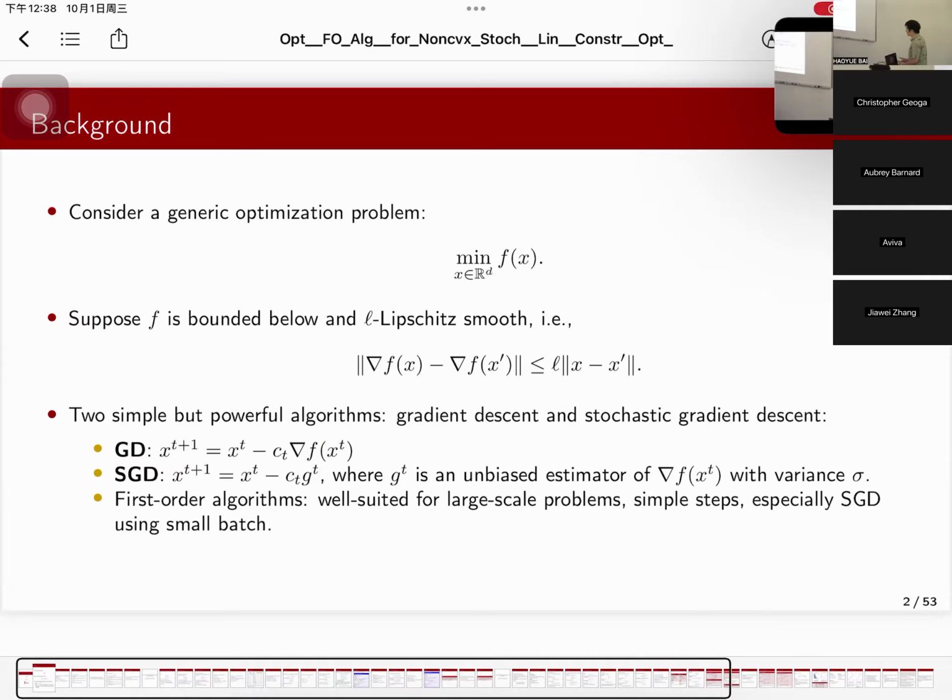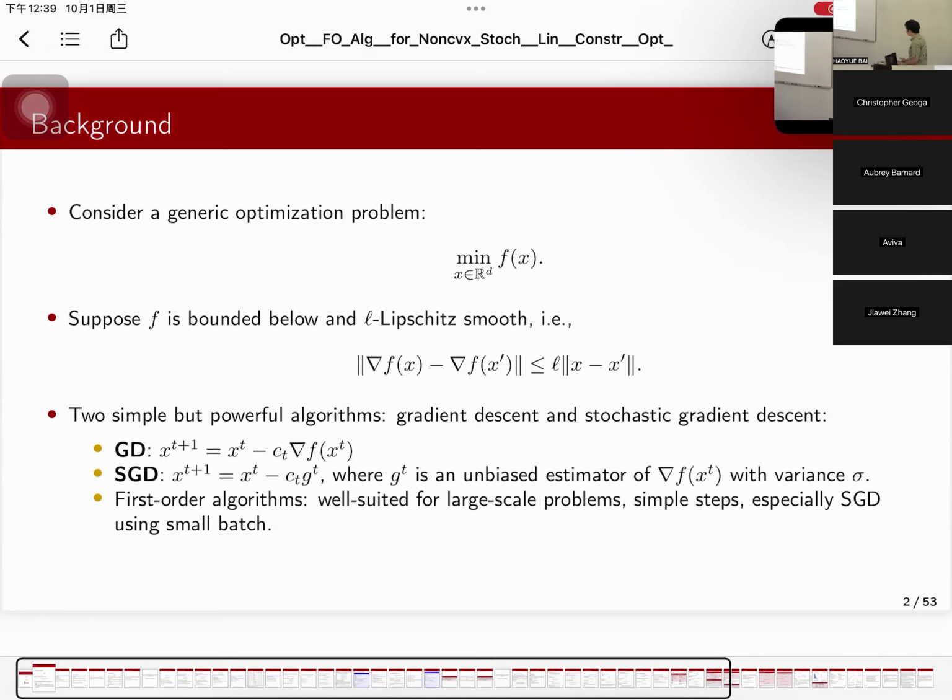So for solving these optimization problems, the simplest algorithms are gradient descent (GD) and stochastic gradient descent (SGD). GD is just x_{t+1} equals x_t minus the step size times the gradient.